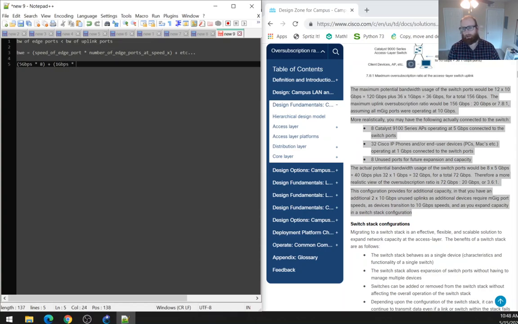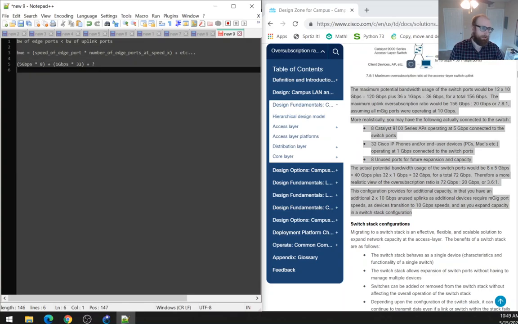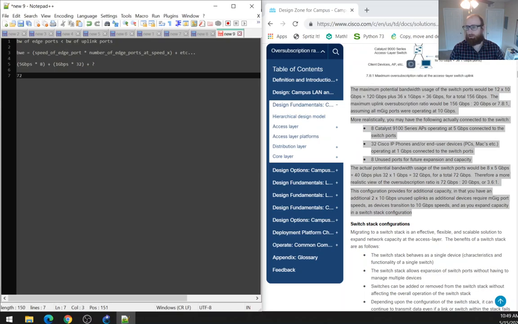But now we've got 32 phones. And then we've also got unused ports for future expansion and capability. It's unclear what those are. But I'm not sure. For now, what we need is 40 plus 32, so we need 72.